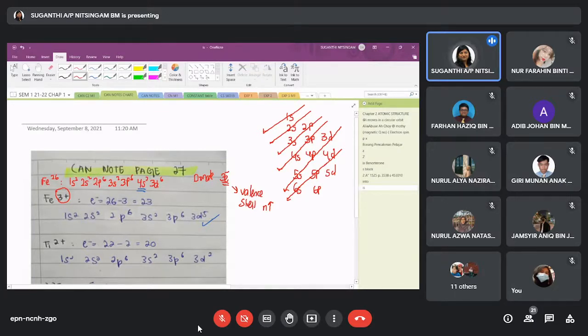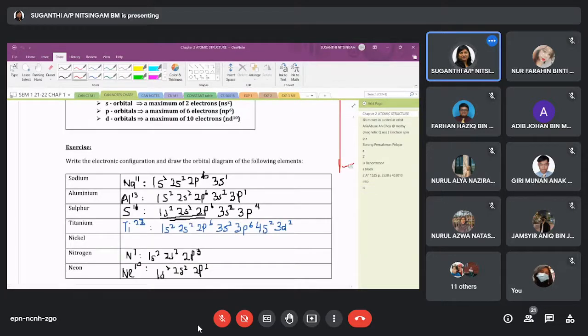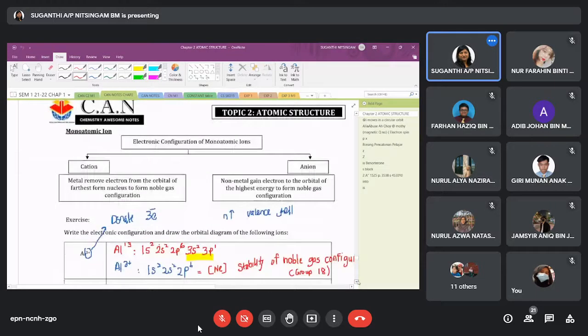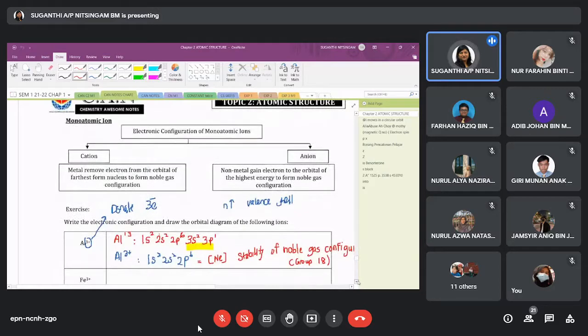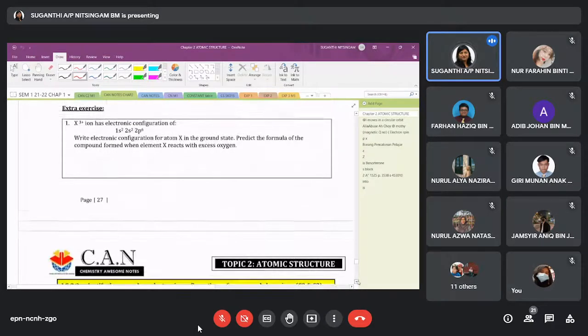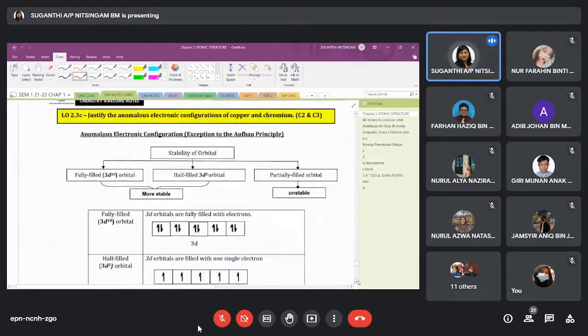Okay, another thing which I have not taught you, we see this first. What are the types of stability? For cations and anions, what we must understand is this. The stability of orbitals has 3 types: fully filled, half filled, partially filled.